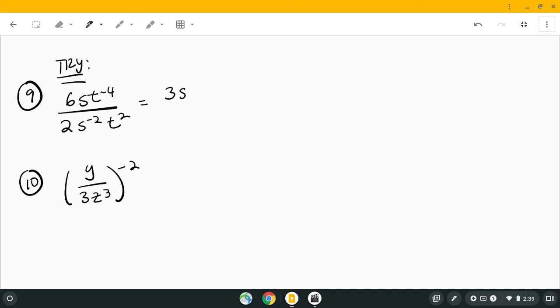This s can stay, but this one on the bottom, since that one has a negative exponent, I'm going to move that up. And since this has a negative exponent, I'm going to move that down. And this one will stay. And then I can use my laws. Multiplying, I add the exponents, so that will be s cubed. Multiplying here, I add the exponents, and that's t to the 6th.